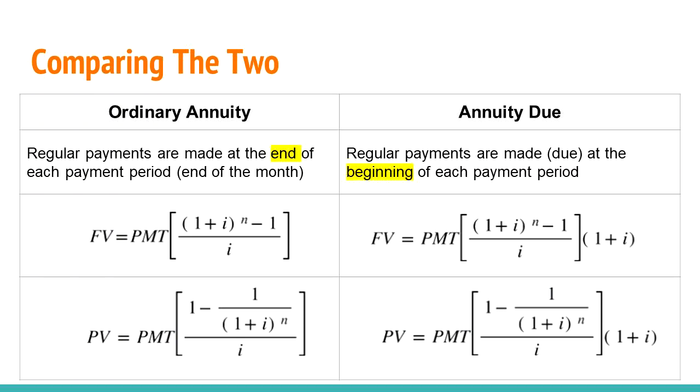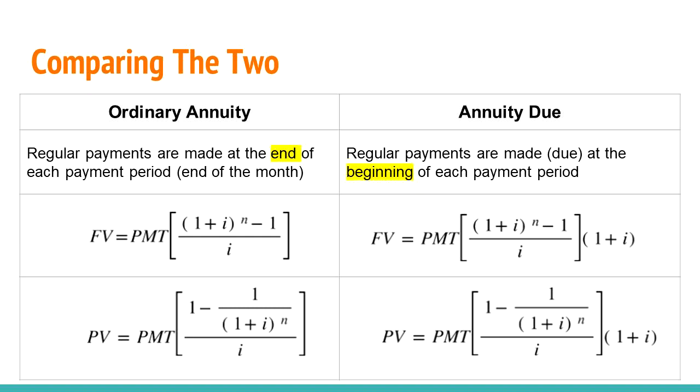The ordinary annuities, the column on the left, is what we have been focusing on, where the payments or deposits are made at the end of each month or each payment period. An annuity due is very similar, except the payment or deposit is made at the beginning of the month. So again, in essence, we have one more month for which interest is applied.